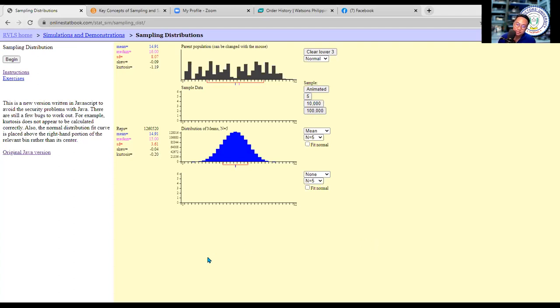So in other words, what do we mean by central limit theorem?